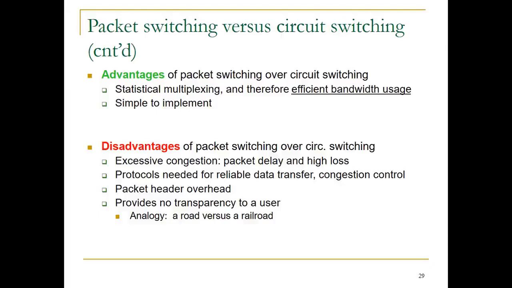Protocols needed for reliable data transfers and congestion controls are also some of the disadvantages that you have to deal with, especially when you have systems that have not been well implemented to really handle some of these issues within packet switching networks. Packet headers add a lot more overhead to the message being transmitted, and they also provide no transparency to a user, especially from the analog point of view. Think of it as using a road versus a railway.